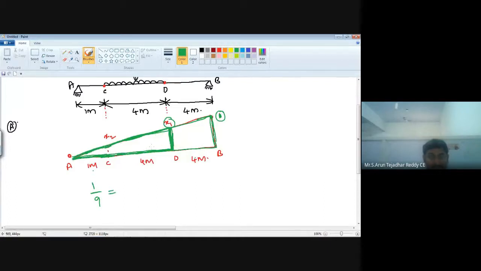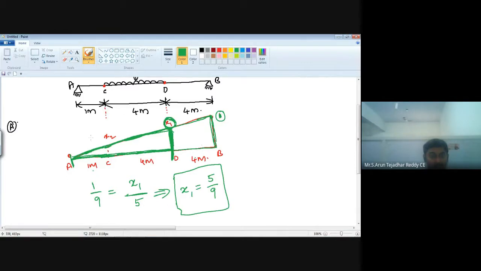In this triangle, our perpendicular is x1. What about the base? The base is up to here only, from A up to this point, 1 plus 4, that is 5 meter. So from this, x1 is equal to 5 by 9.